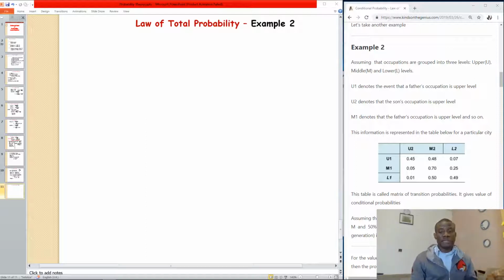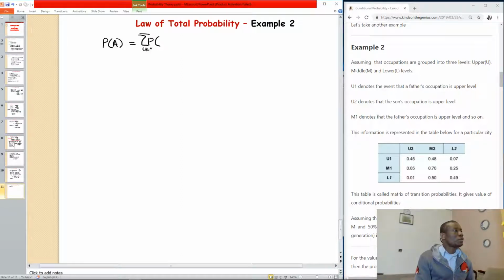I'm going to write or state the law of total probability so that we have it in mind as we are solving this problem. So the law of total probability states that the probability of A is equal to the summation from i equals 1 to n of the conditional probability of A given Bi times the unconditional probability of Bi.